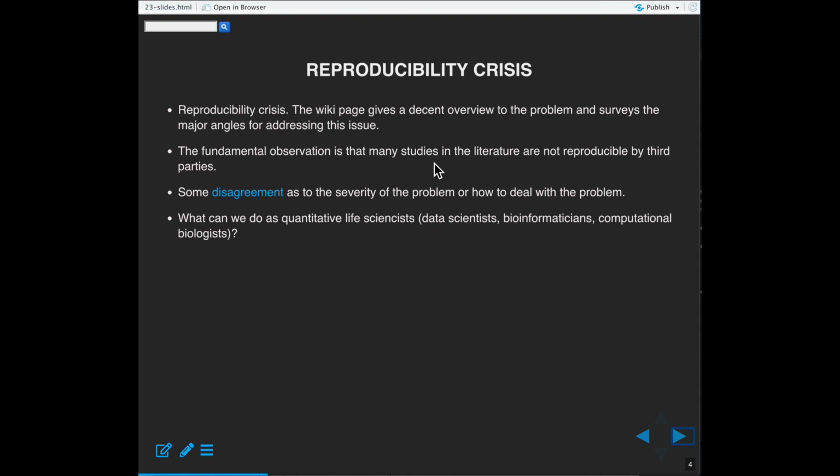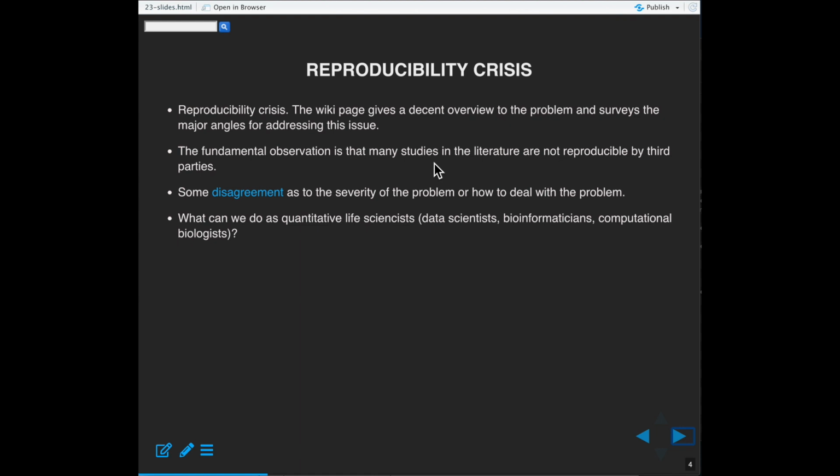And well, there's other issues that come up, but definitely the time scale that we review papers on, which is usually on the order of weeks in life sciences, negates the possibility of very close analysis of the data.